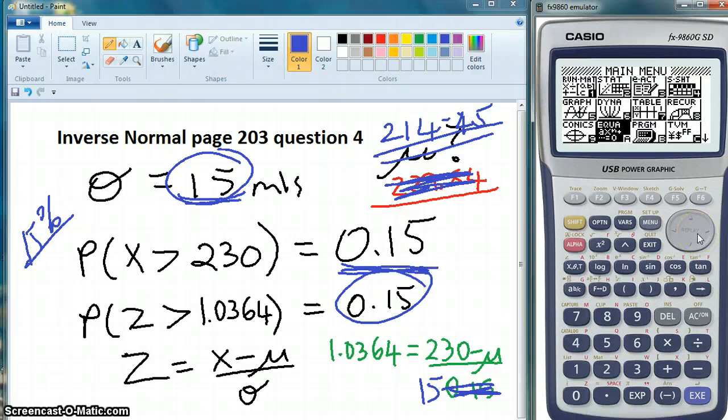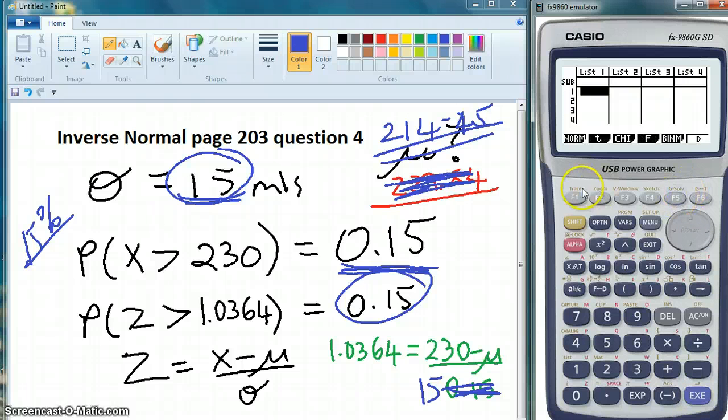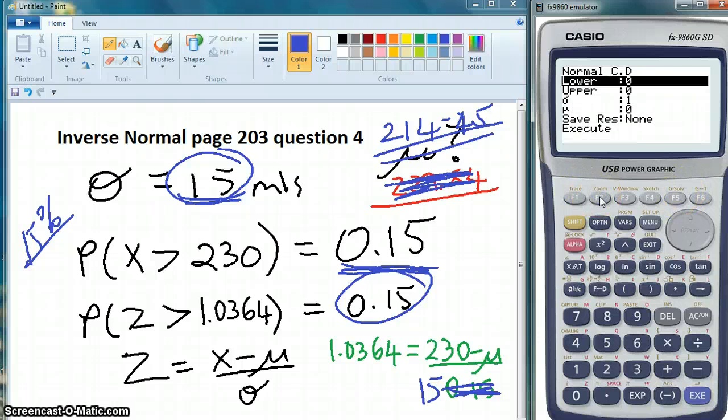Okay, so if I go stats and I go distribution, normal distribution, if I go NCD and I said that my lower was my 214.45, which is what we calculated, and the upper being 99999, and the standard deviation being 15, and the mean, oh sorry, my bad, 230. 230, 999, our standard deviation of 15, and our mean of 214.45.